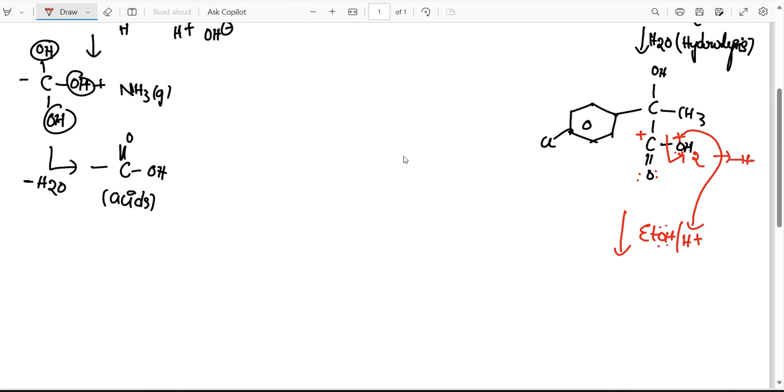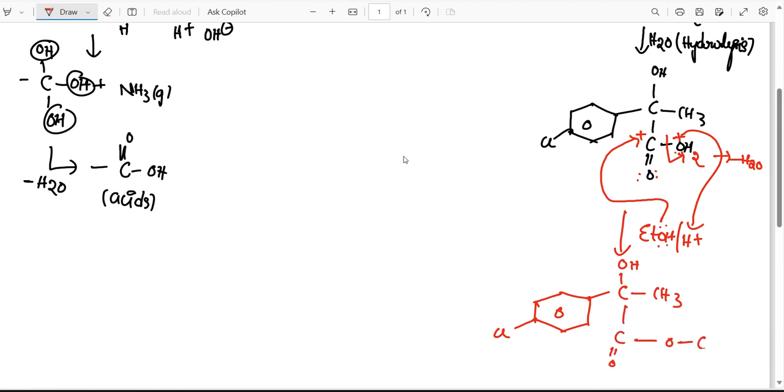Here the oxygen having the positive charge is removed as H2O, so the carbon forms a carbocation. The reagent having the lone pair donates one of its lone pairs to this carbocation. So the product will be Cl bond C bond OH, bond CH3, bond C double bond O, bond C2H5.